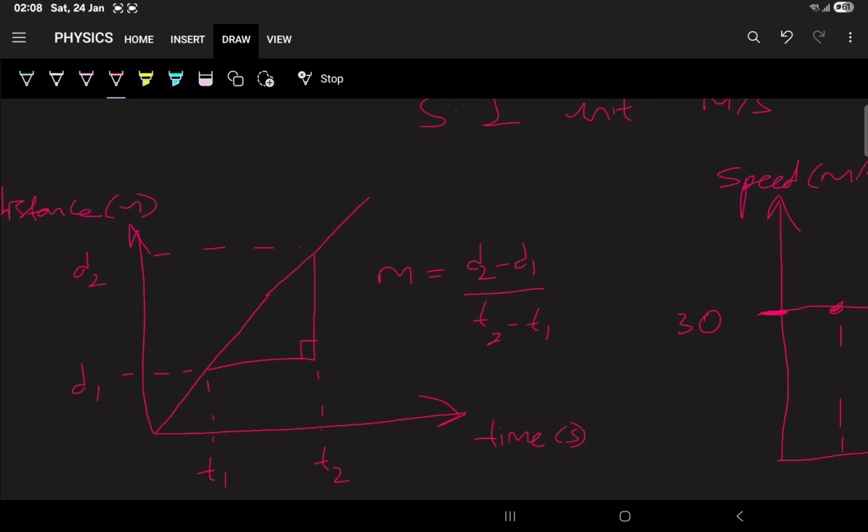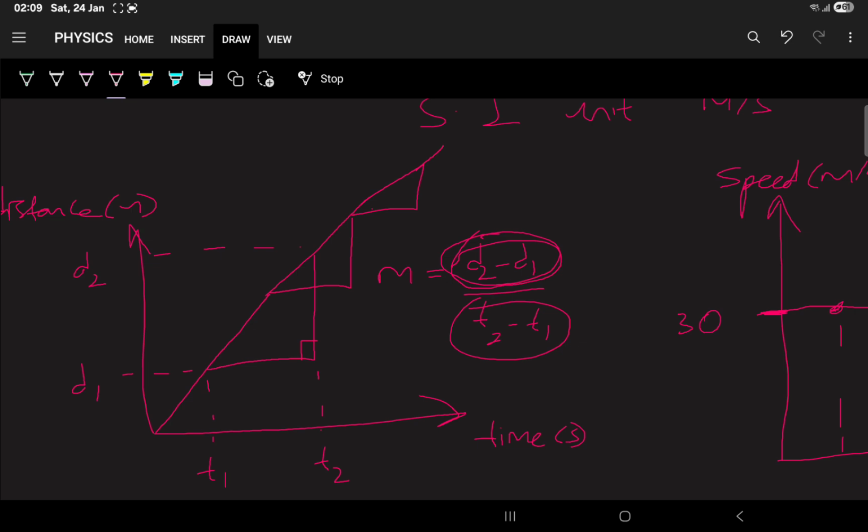Now, uniform speed, I said equal distances. The equal distances I'm referring to is the change, meaning at any point the slope will be same. Any point you take the slope from, it will be same, because the time intervals and the change in distances will be same.